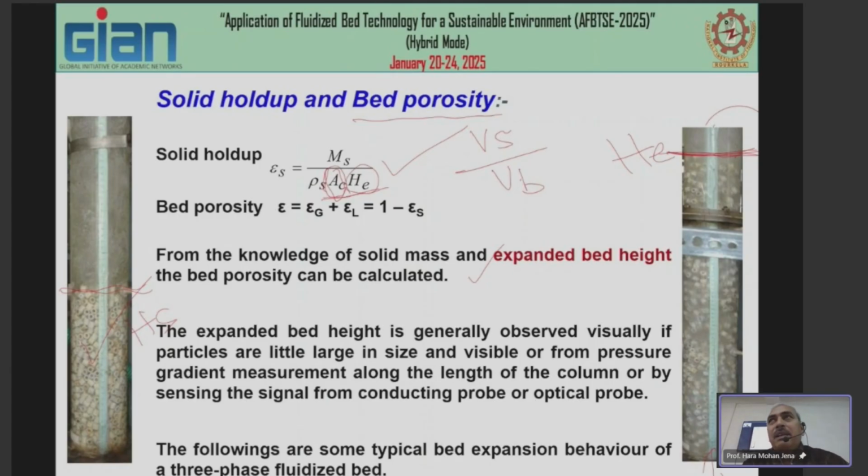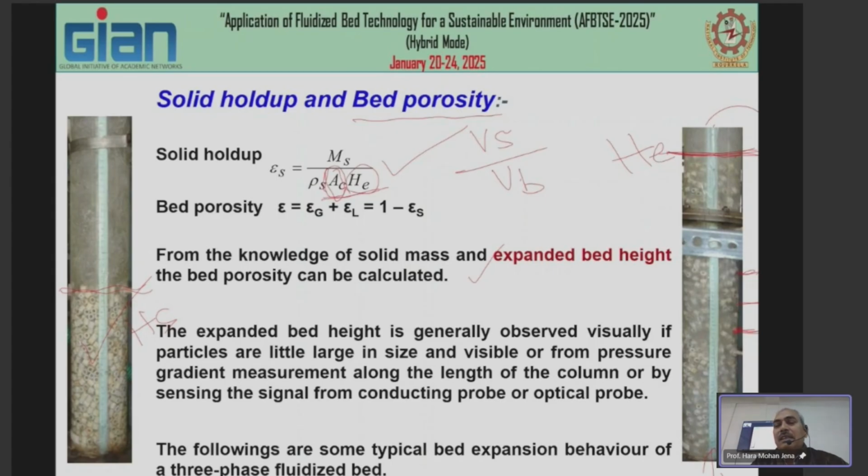If I keep probes in the bed, at this position one probe, at this position another probe, then if solid reaches here, the signal from this probe will be different. If the solid particle reaches here, then this probe will give the signal. Similarly, the other probes will give the signal.